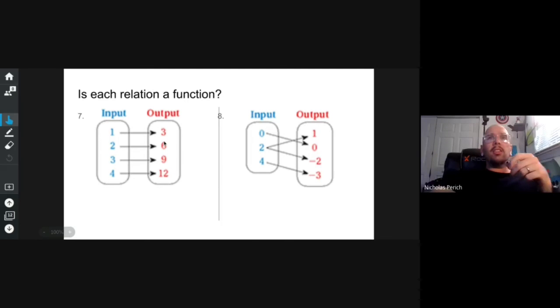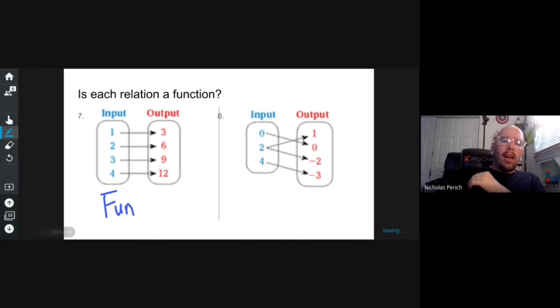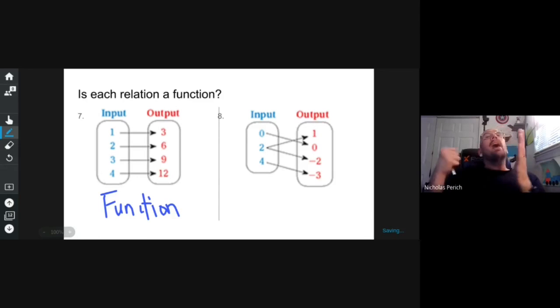If it hits a 6, great. If it hits a 9, awesome. If it hits a 12, fine. This makes sense. Is this a function? Yes. And the most understandable reason why is because every x value, and remember, the input is an x value, every x value only goes to 1 y value. Every x value, every input, every domain is only used once.